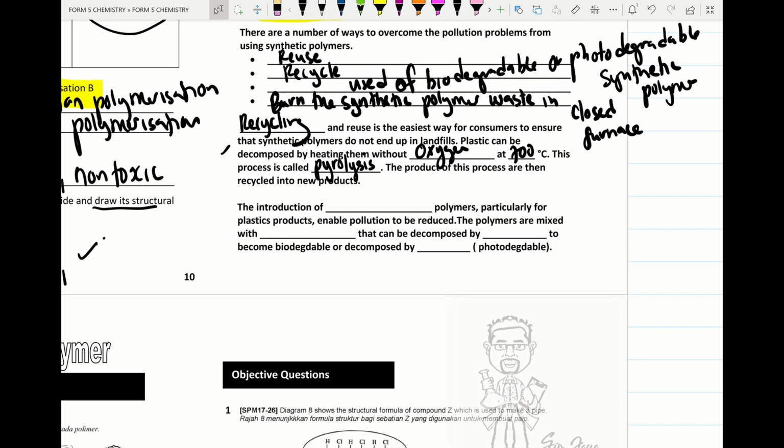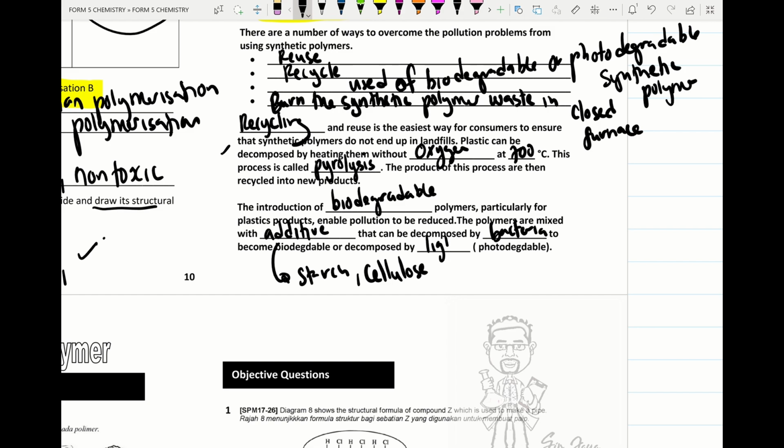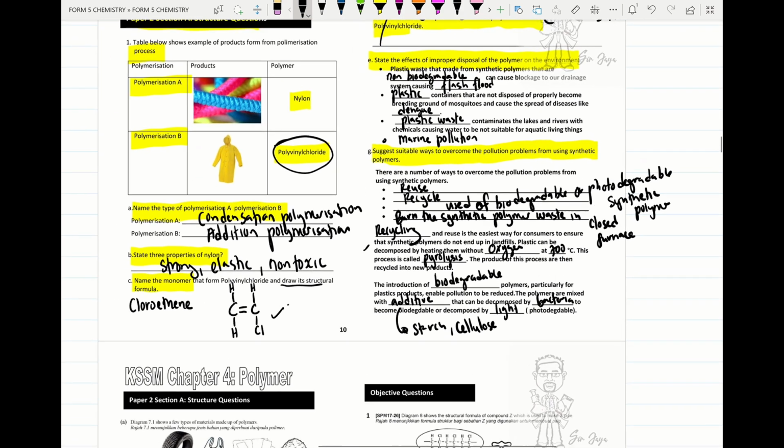All right, so next one, the introduction of biodegradable polymers, particularly for the plastic products, enable the pollution to be reduced. The polymers are mixed with additive such as starch, cellulose, that can be decomposed by bacteria to become biodegradable or decomposed by light. All right, so these are the answers that student can write.